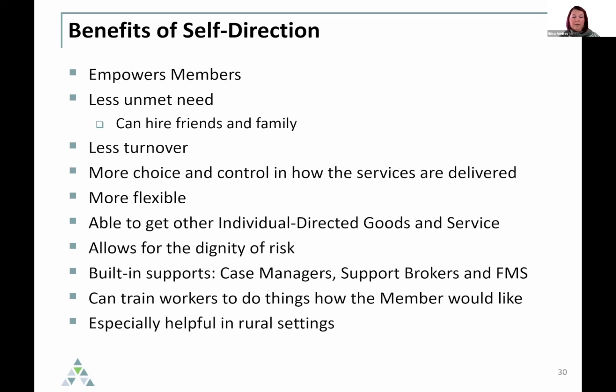We have those built-in supports, the case manager, the support broker, and the FMS. Participants and members in self-direction can train their workers on how to do things, how they want things done, not how an agency says it should be done. And a lot of parts of Maine are very rural, and self-direction can be especially helpful there because you can hire that neighbor or that grocery store clerk or somebody like that.